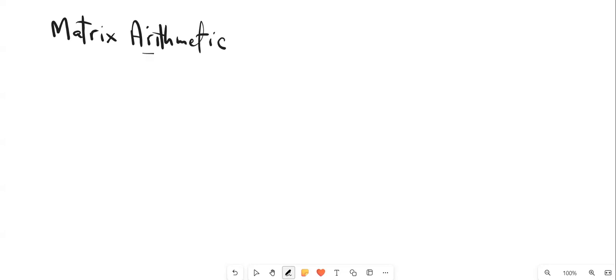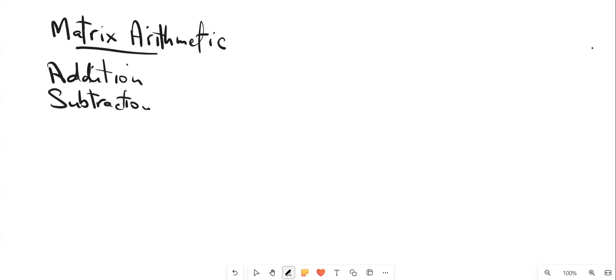Which would involve addition, subtraction, multiplication, and, we wouldn't say division, but we say inverse of a matrix.